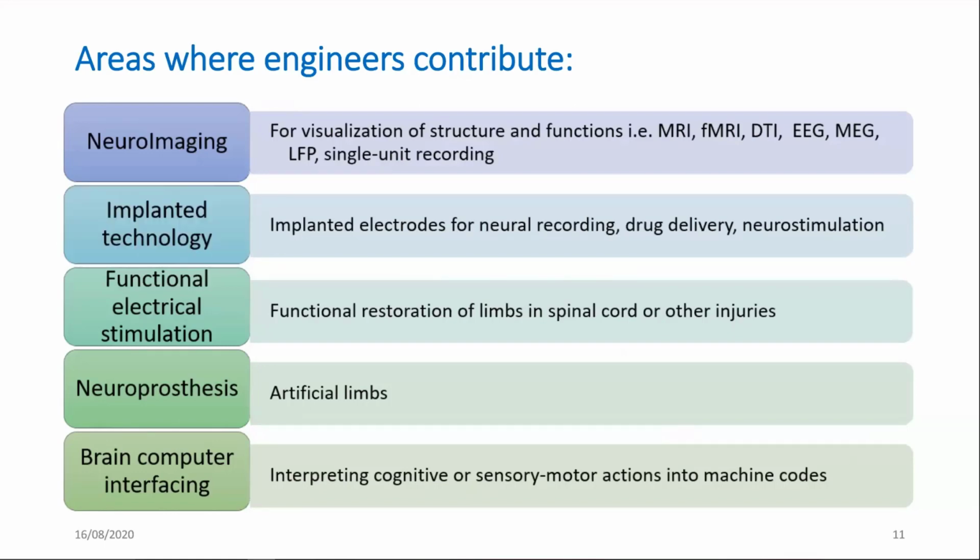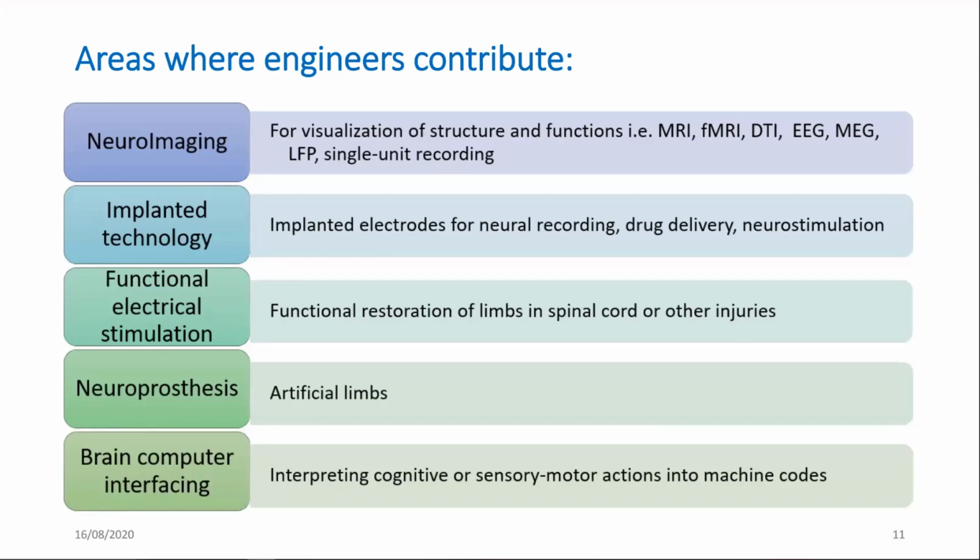Implanted technology can be used to record neuronal activities or provide drugs into the brain or do some kind of neurostimulation. There's something called functional electrical stimulation that is working towards functional restoration of limbs, for example, in spinal cord injury, neuroprosthesis, again, artificial limbs and such, and brain computer interfacing.